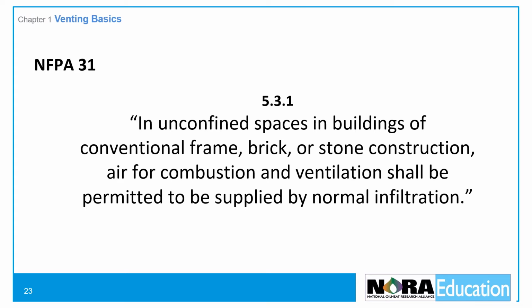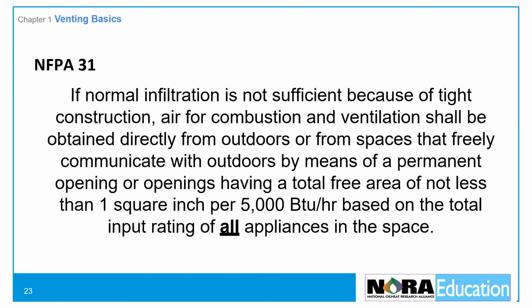It's important to understand that even in unconfined spaces, building improvements made after the appliance has been operating safely for years can negatively impact both safety and appliance performance. NFPA addresses these situations with the following guidance.